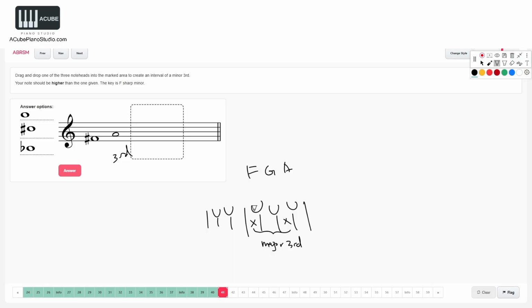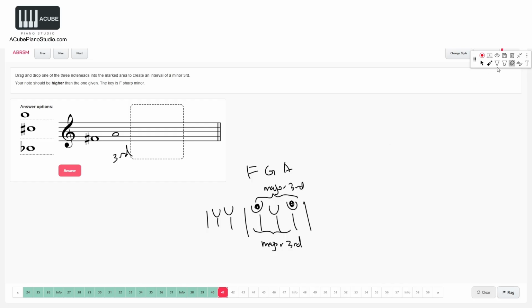Okay, but if I have F sharp, then I need A sharp. So I go up, I go to the right by one semitone. So I need to go to the right by another semitone to form a major third. So in other words, F sharp and A sharp form major third. Okay? So, but do I want major third for this question?